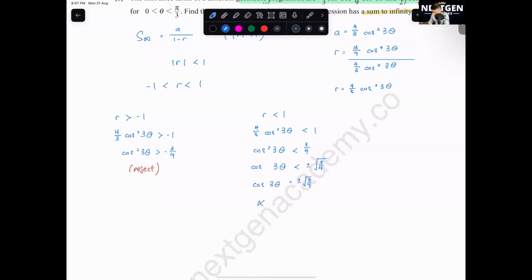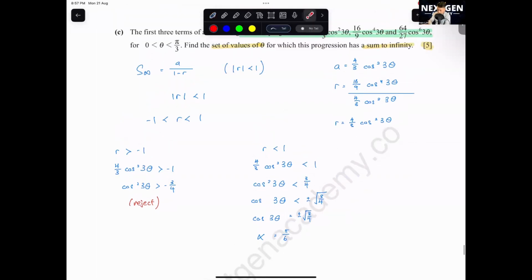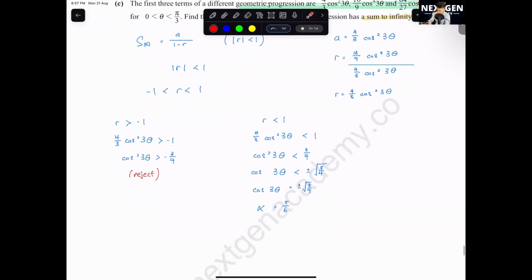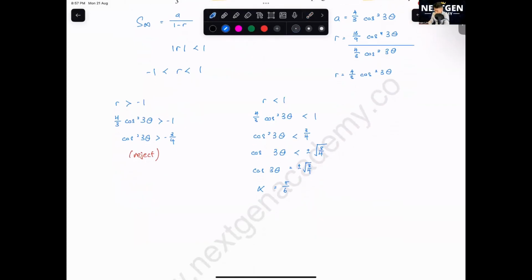So let's see what's the alpha that we want. Alpha, you type in the calculator, you will get pi/6. You need to calculate it in radian mode because you see here, this is pi/3. So how to find your angle? You look at the range that they give us.